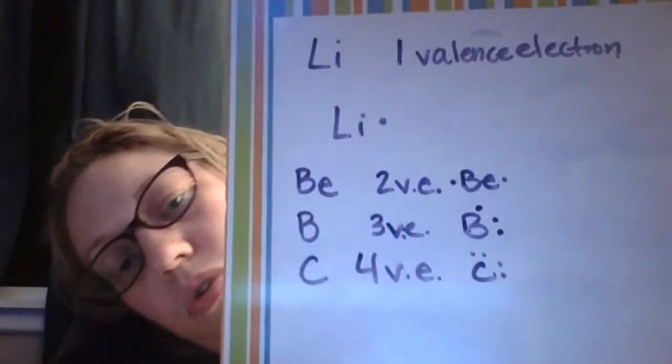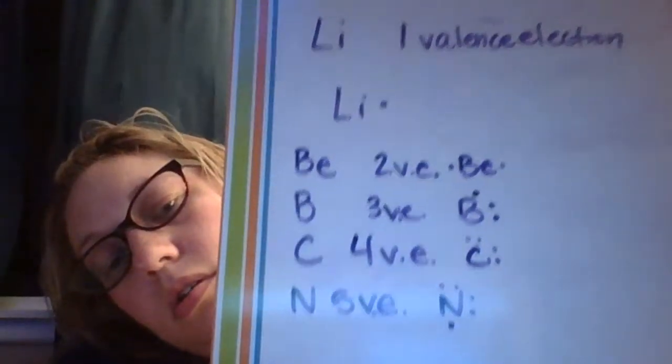Carbon has 4 valence electrons, 2 dots on 2 sides. Nitrogen has 5 valence electrons, 2 dots on 2 sides, 1 dot on 1 side.